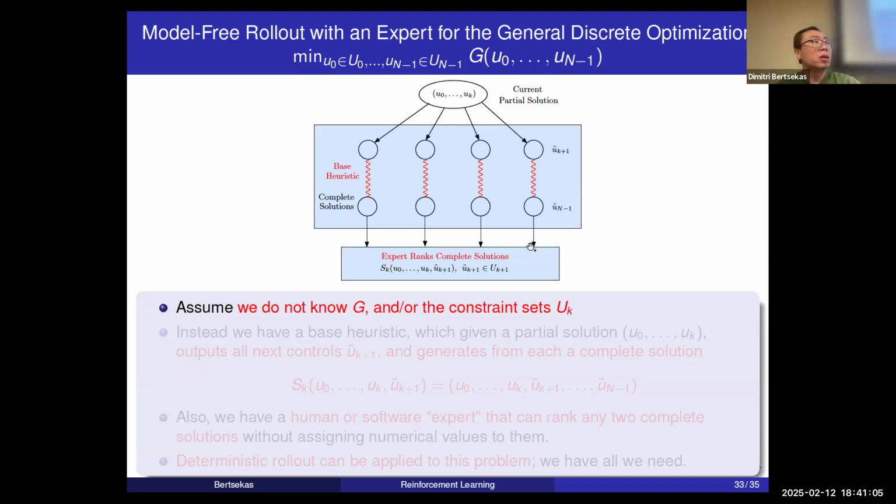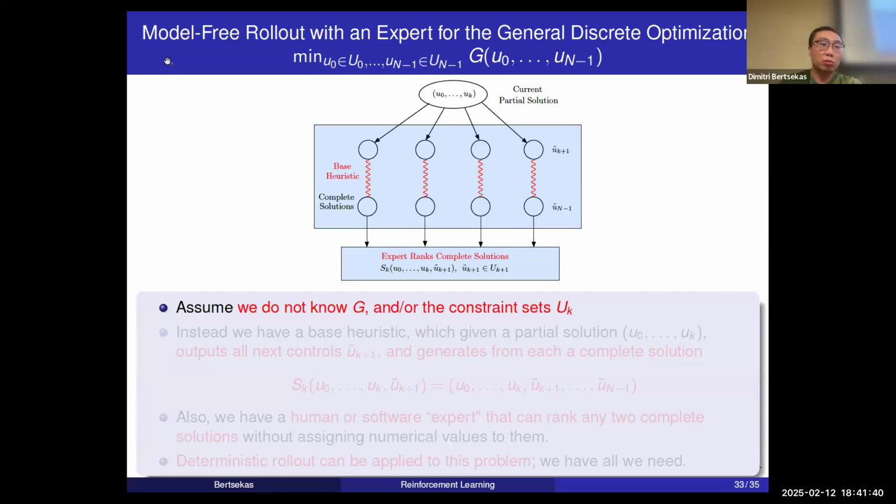In other words, this simulation can be run using a computer simulator. We don't necessarily need to know what is going on under the hood of this computer simulator. All we need to know is it generates some trajectory according to some base heuristic, and there are certain ways to rank those Q factors and tell us which control is the best among those, right?